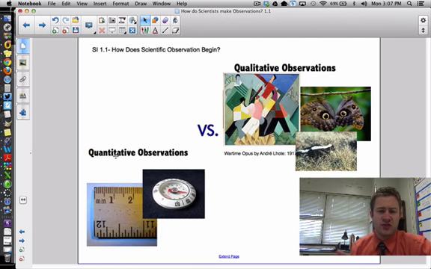What we really have gotten ourselves into is two things. We use our senses to observe quality, or how something looks in adjectives. We call these qualitative observations, and now we have these other types of things that are measurable when we've created tools to do that. These are called quantitative observations. And so these are the types of observations that we're going to be going over as well.